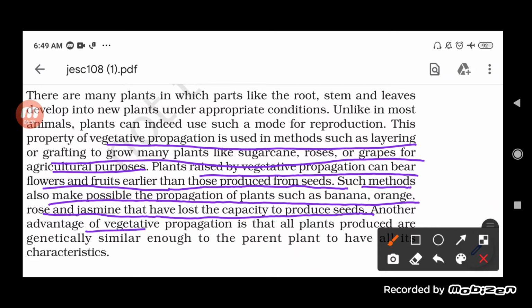Another advantage of vegetative propagation is that all the plants produced are genetically similar enough to the parent plant to have all its characteristics.